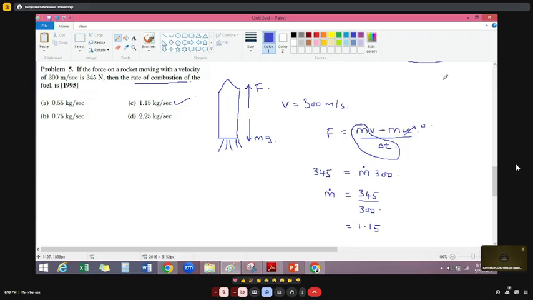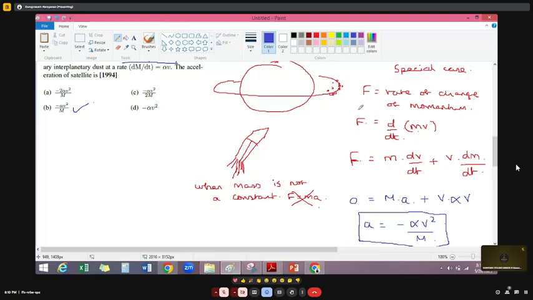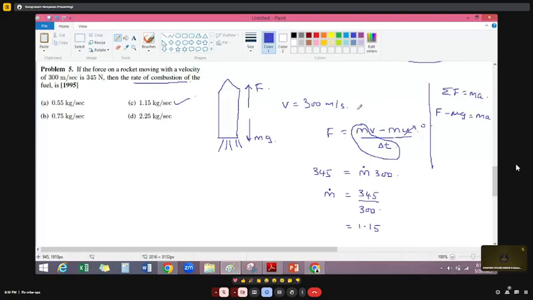Sigma F is equal to ma, like what I showed in the previous problem. So F thrust upwards minus mg is equal to ma. But in this problem, they didn't ask for that. They gave the F value. Any doubts?